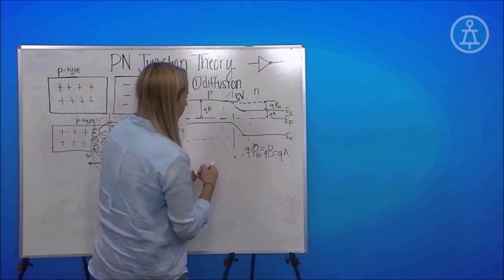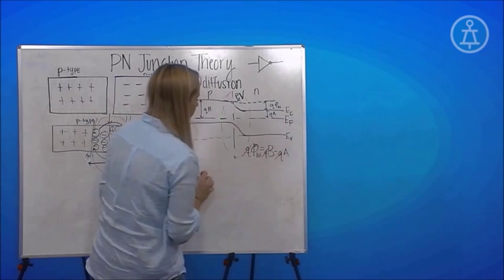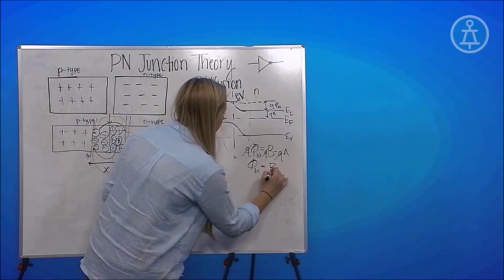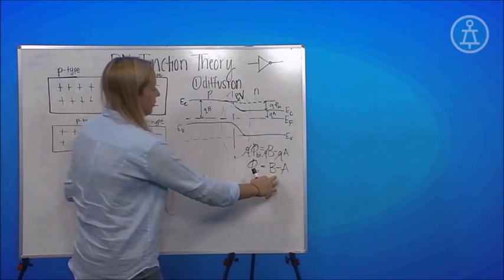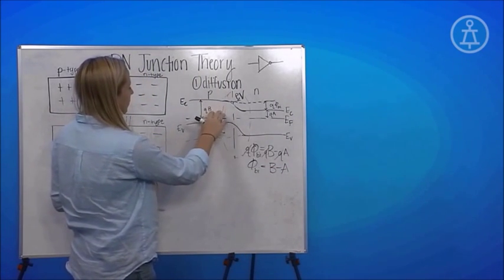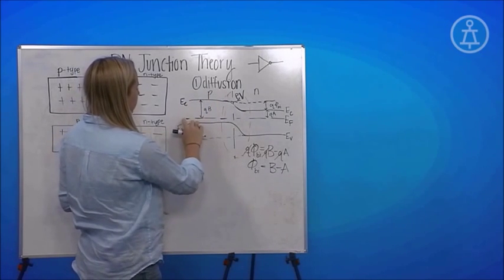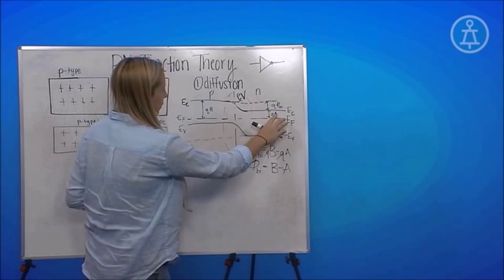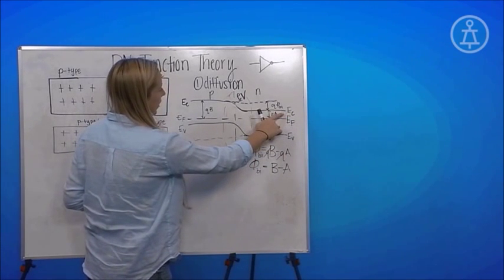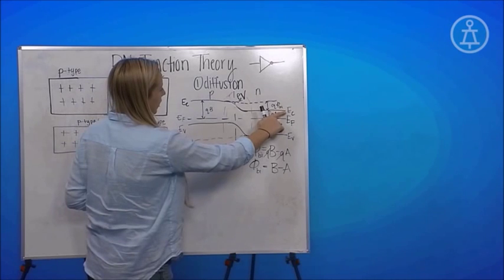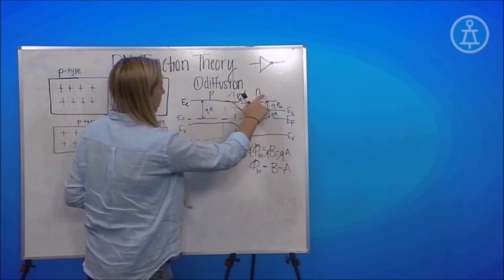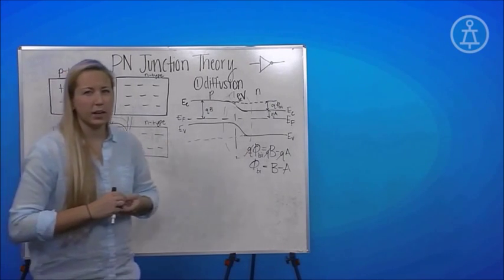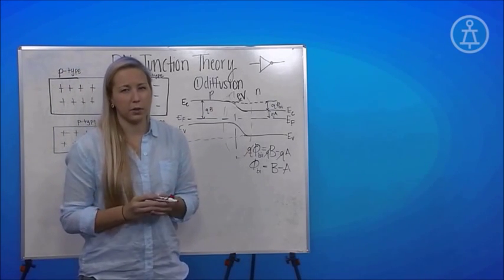So our Q's cancel, and now we have phi BI equals B minus A. So the potential difference from the conduction band to the Fermi level in the p-type region, subtracted from the potential from the difference in conduction band and Fermi level with the n-type region. Okay, so how can we use this? What other mathematical models do we have?